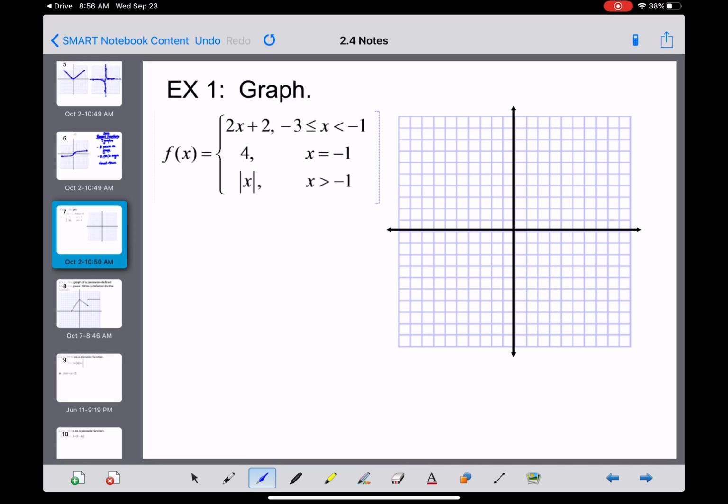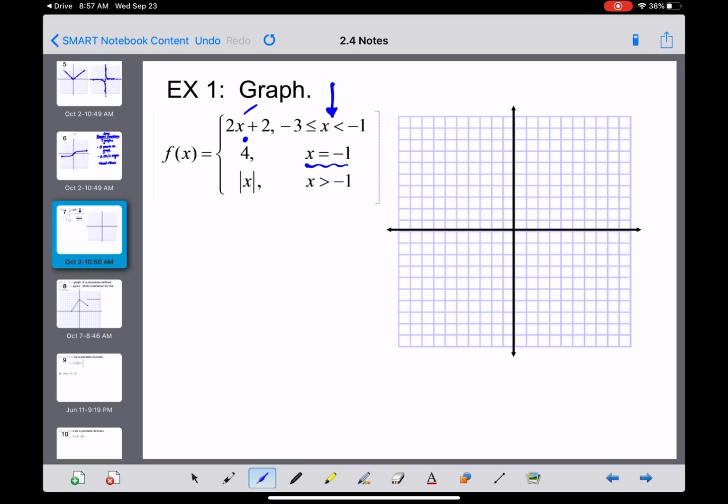I want you just to think about the shape of these graphs. Don't worry about, these are just our kind of restrictions. Those are the intervals that we're going to graph this on. But this first one, hopefully you know that 2x plus 2 is going to be a diagonal line with a positive slope. Okay, 4 is going to be constant or a dot. In this case, it's only got one value here for x, so it's just going to be a point.